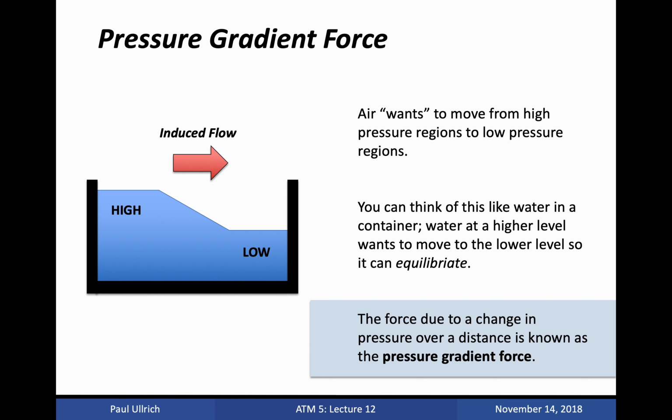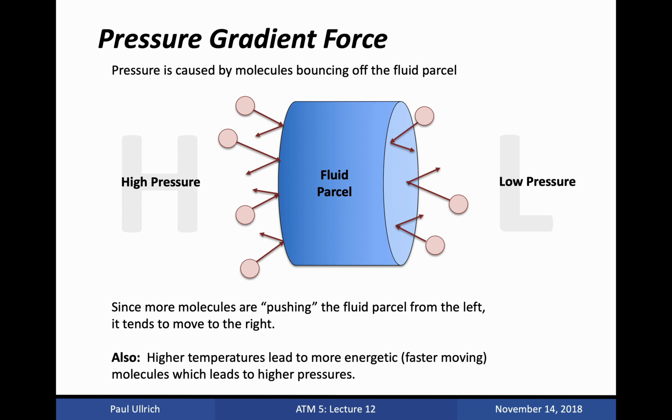This force, or difference between the pressures in the high and the low region, is known as the pressure gradient force. This is a good description, I suppose, for shallow water motion, but if you consider the atmosphere, the behavior is slightly different, but the idea is essentially the same.